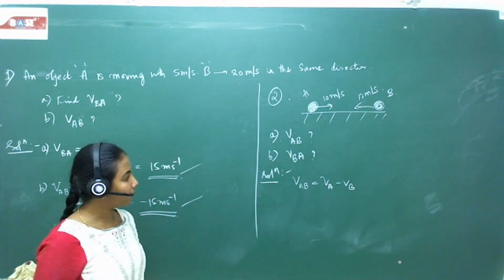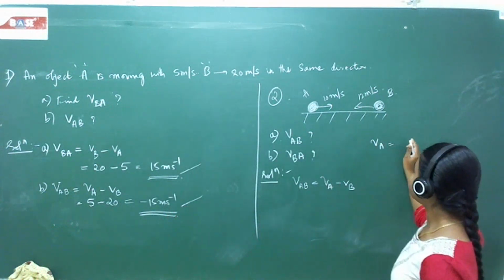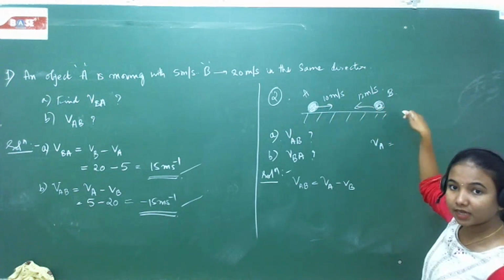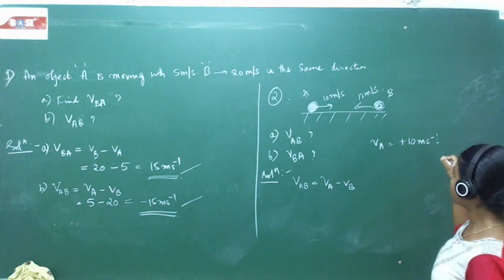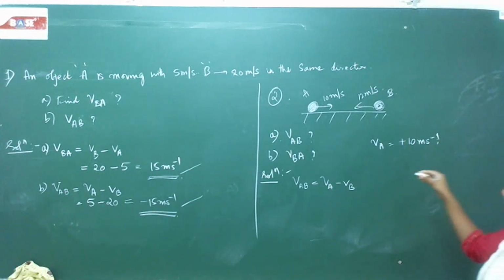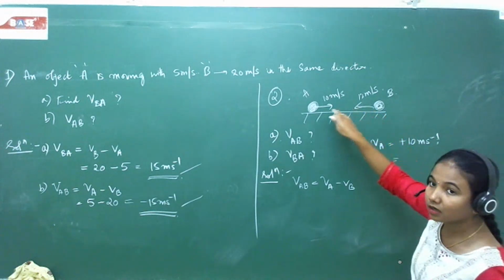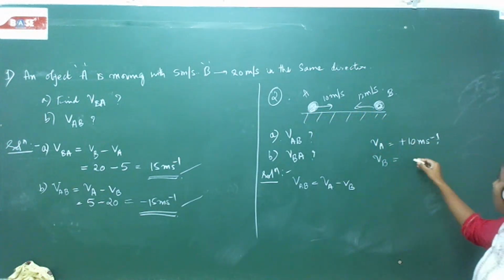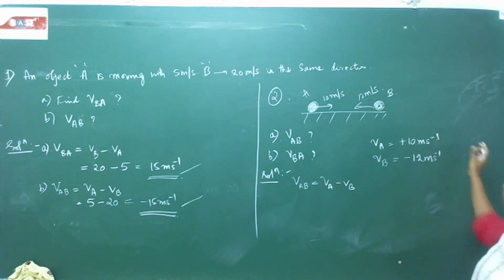This is the usual formula. But VA is moving in the positive x direction, so it is plus 10 meters per second. Similarly, B is moving in the negative x direction, so I'll write it as minus 12 meters per second.